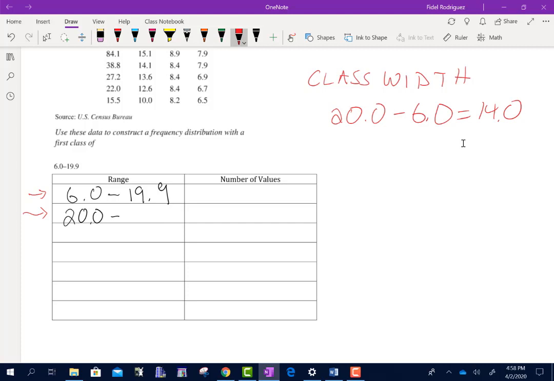That means that the difference between these numbers here is going to be 14. Well, if the difference there is going to be 14, guys, then the difference here should also be 14, which means I can take 19.9 and I can add 14.0. And let's see, 9 and 4 is going to give me 13. That's going to be 33.9.